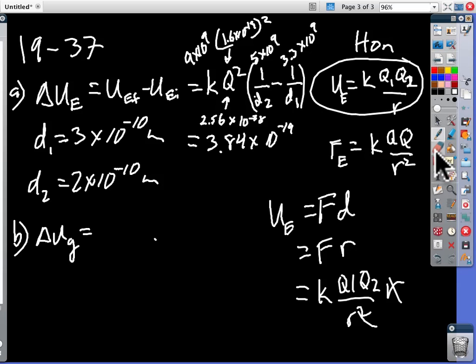I'm estimating: to the 9th, 18, no, actually that might be right. Because this is to the 9th, we multiply it times this to the 9th, that's 18. So I think something close.